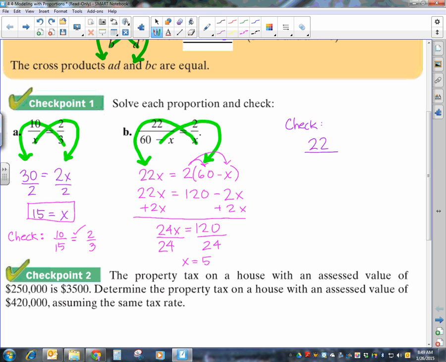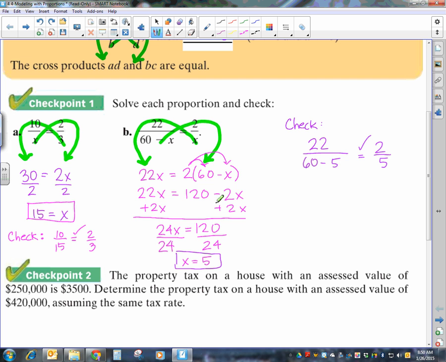We're supposed to be plugging in for x. 22 over 60 minus 5, does that equal 2 over 5? Well, 60 minus 5 is 55. 22 over 55 does reduce to 2 over 5. So I know that I do have the right answer, and x equals 5.